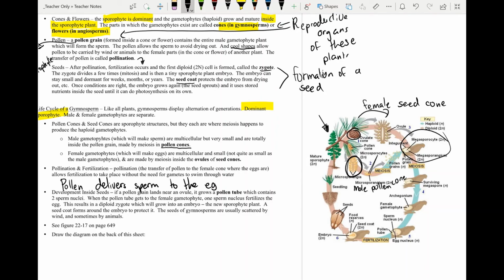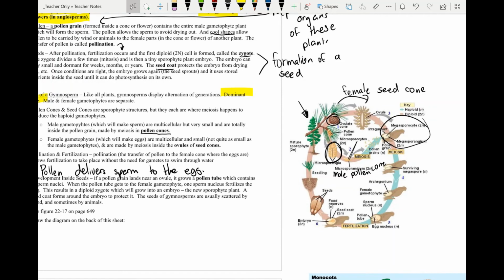Now, one of the things, a cone isn't really something that's very attractive for an insect or some other type of pollinating animal to provide. Most of those animals go after flowers, so if we were in class, I'd be asking what is causing this.